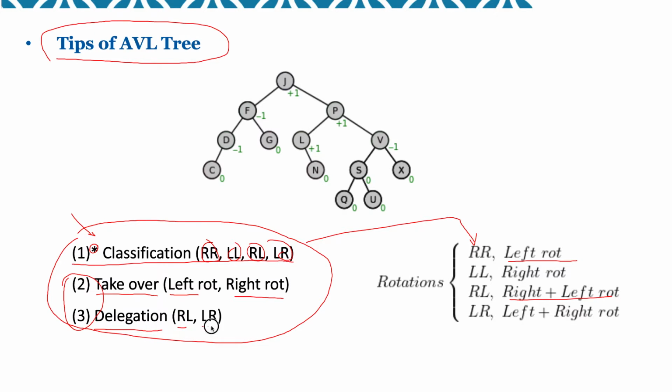Because in these 2 cases, there is a combination of rotation operations. In the first rotation, the very root node won't do the dirty work. They will let the second hand do the dirty work. I will talk about that later. So the delegation is a very vivid analogy for you to understand and remember.